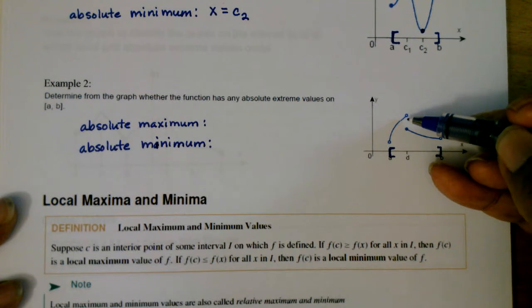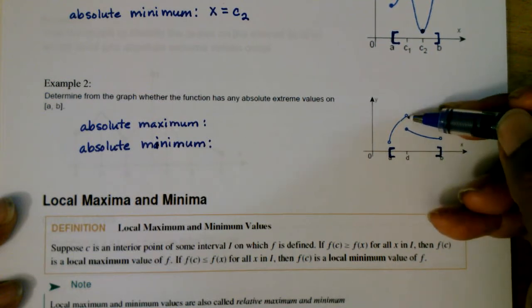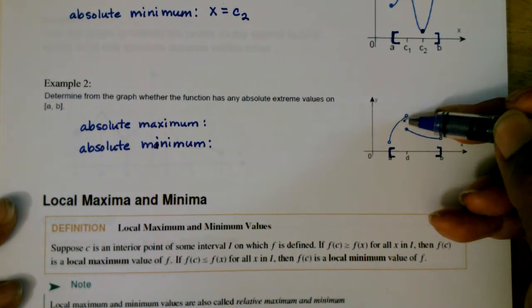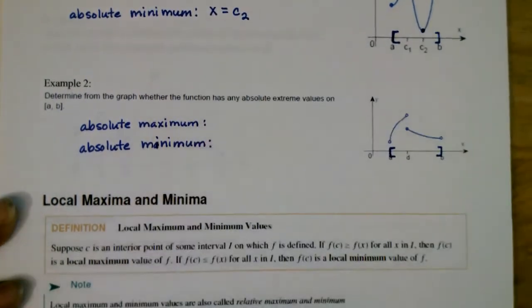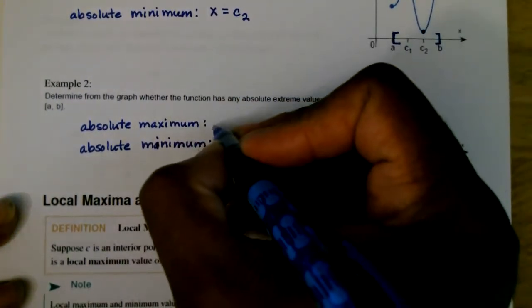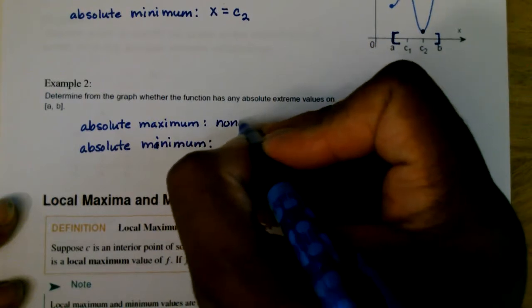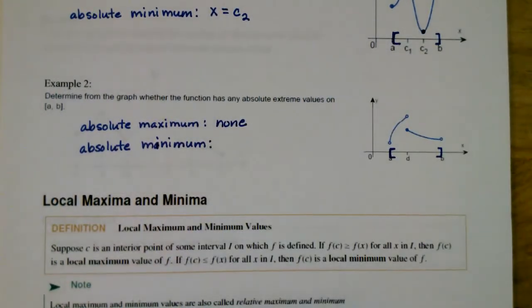We can't say that this will be the absolute maximum because there are infinitely many points that get closer and closer to this point, but they'll never reach that point. So in this case, there is no absolute maximum. So we're just going to say none.